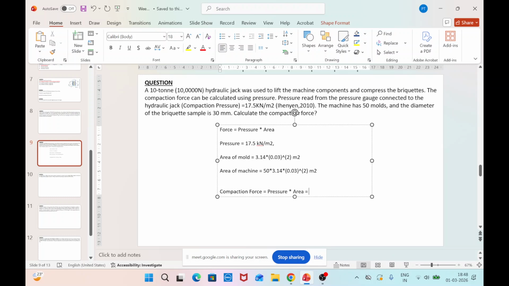So that will be equal to 17.5 times 50 times 3.14 times 0.03 whole square.